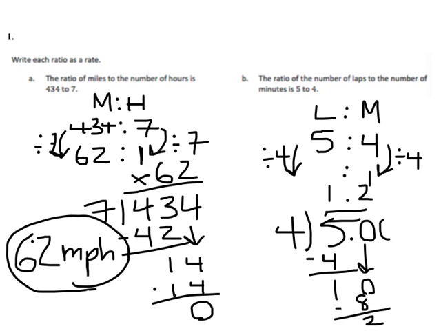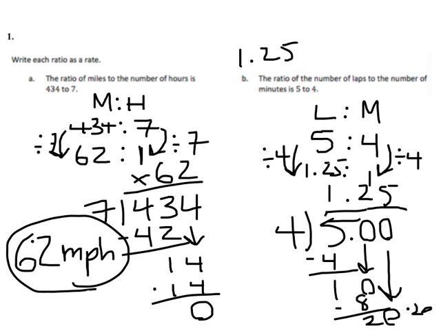I can add another 0. I can add zeros at the end of a decimal, no problem. It doesn't change any place values. 4 can go into 20. 5 times 4 is 20. So that's going to leave me with no remainder, and I'm done. So 1.25, and in this case, 1.25 laps per minute.